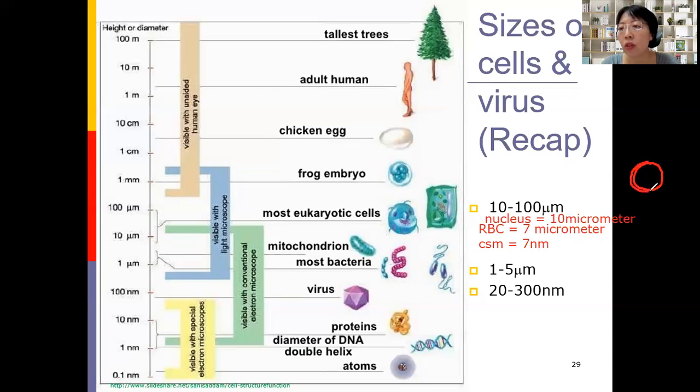Like this is the cell surface membrane, so thin it's almost wrapping the whole nucleus. So we have this type of cell in our body. For example, lymphocyte. There's a type of lymphocyte whereby the nucleus is so big and the cytoplasm can almost not be seen. There the size is 10 micrometers.